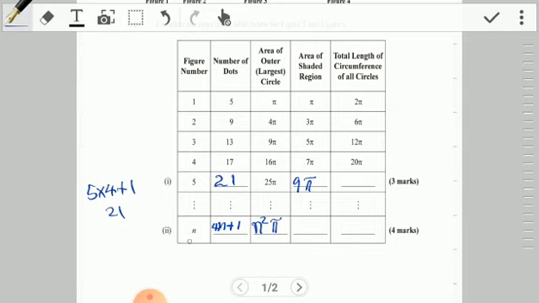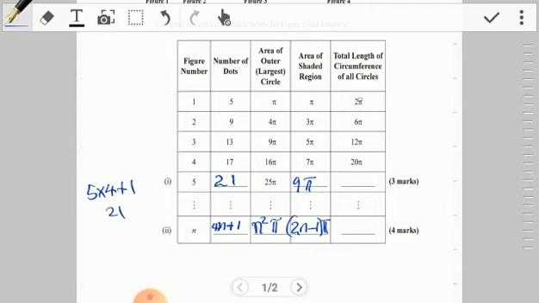So by the time I reach n, it is 2n minus 1, with pi attached. So (2n minus 1) pi. That is what worked this out.